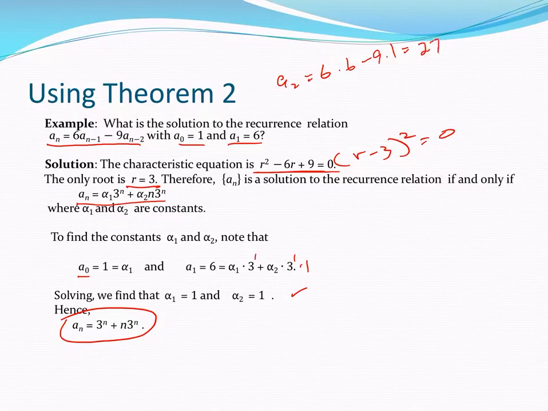And for this one, a2 equals 3 squared plus 2 times 3 squared. That's 3 times 3 squared. That equals 27. And so that's application of theorem 1 and theorem 2. There are generalizations of these theorems that you need to look at in the text as well.